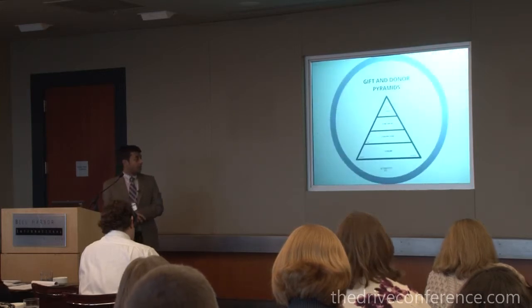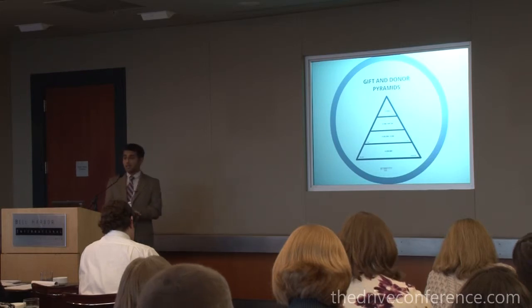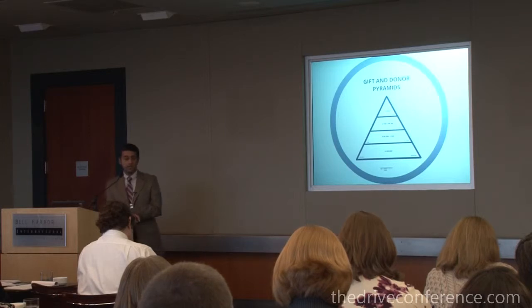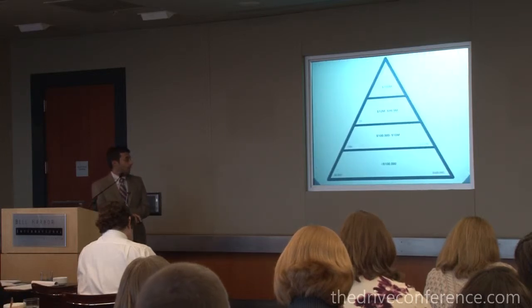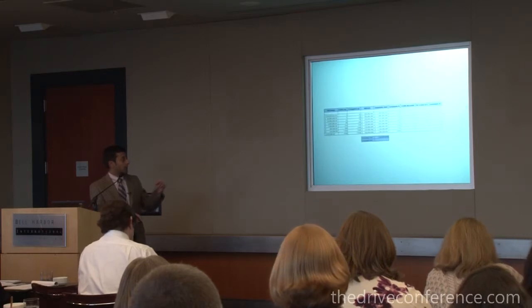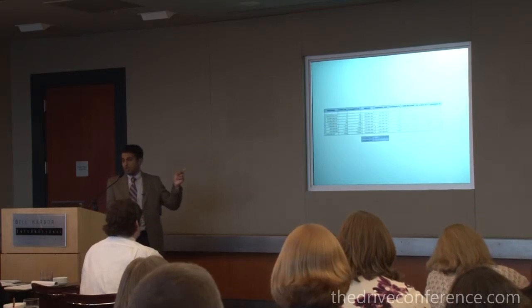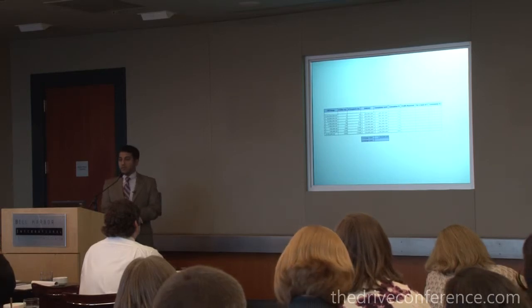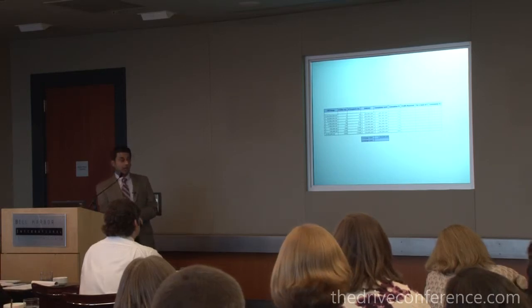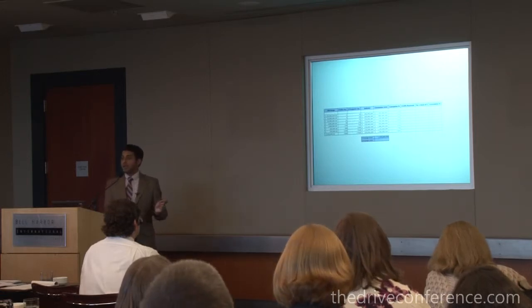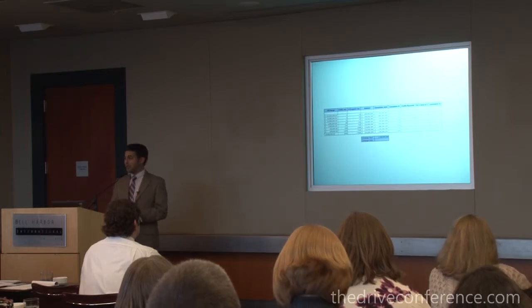The second thing you probably want to consider is gift and donor pyramids. Again, these are standard fundraising reports showing, for each of the levels, how much you want to raise. I've done a quick mock-up of what the numbers would be for $1.5 billion over an 8-year period. This is very configurable and dependent on what your leadership wants to do.